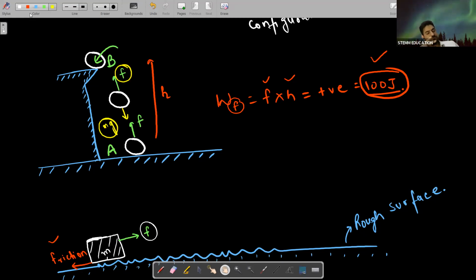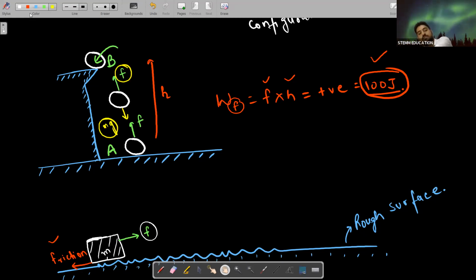But when we're talking about friction, when the block is rubbing the floor and sliding, the surface of the block which is in contact with the rough surface becomes hot. So what happens when the surface becomes hot? It leads to the loss of energy.